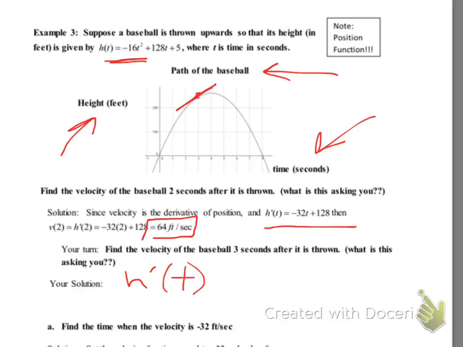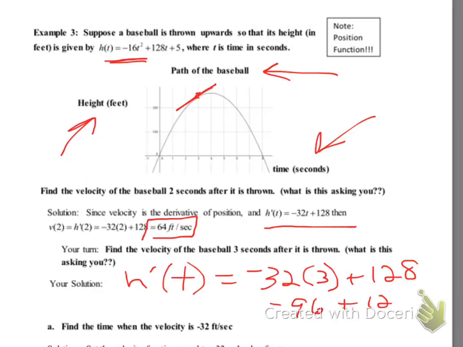So h prime of t equals negative 32 times 3 plus 128. And I believe if you do the math, 32 times 3 is 96, so negative 96 plus 128.